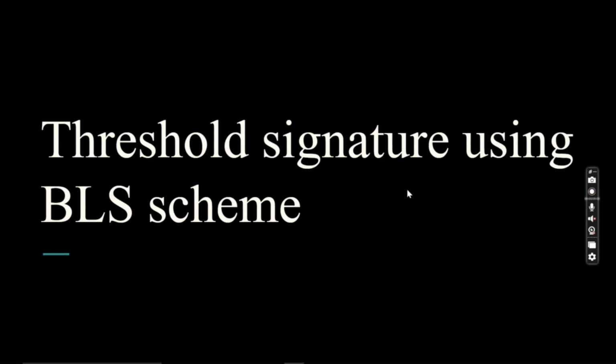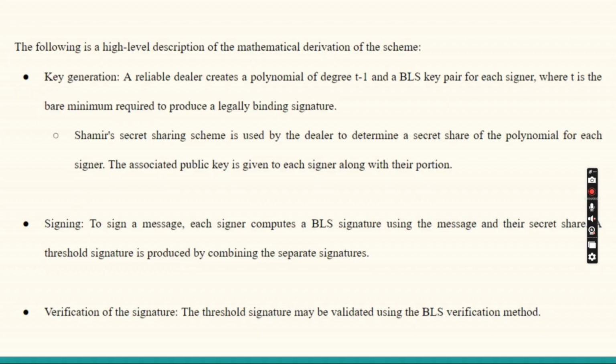Now let us see threshold signature using the BLS scheme. So the following is a high-level description of the mathematical derivation of the scheme. We have three components in it. First is key generation, in which a reliable dealer creates a polynomial of degree t minus 1 and a BLS key pair for each signer, where t is the bare minimum required to produce a legally binding signature.